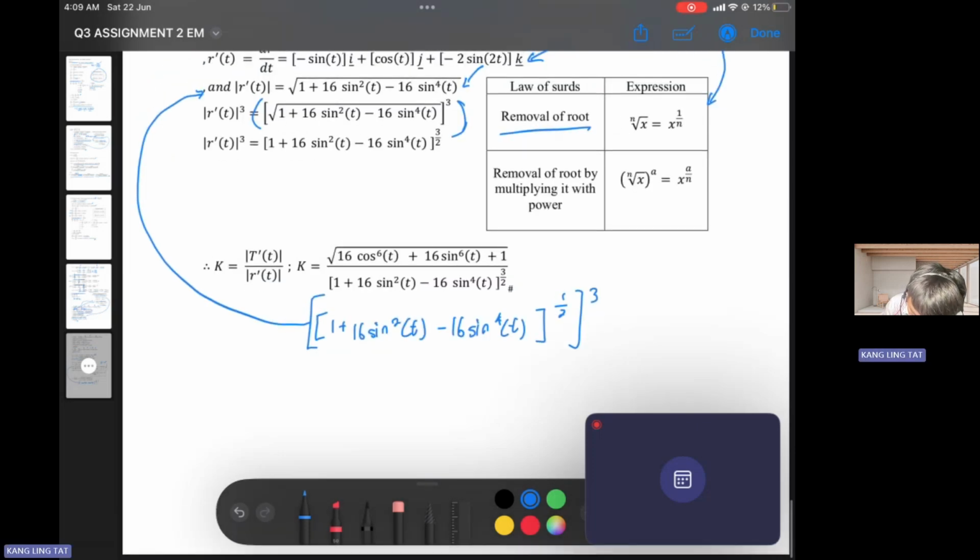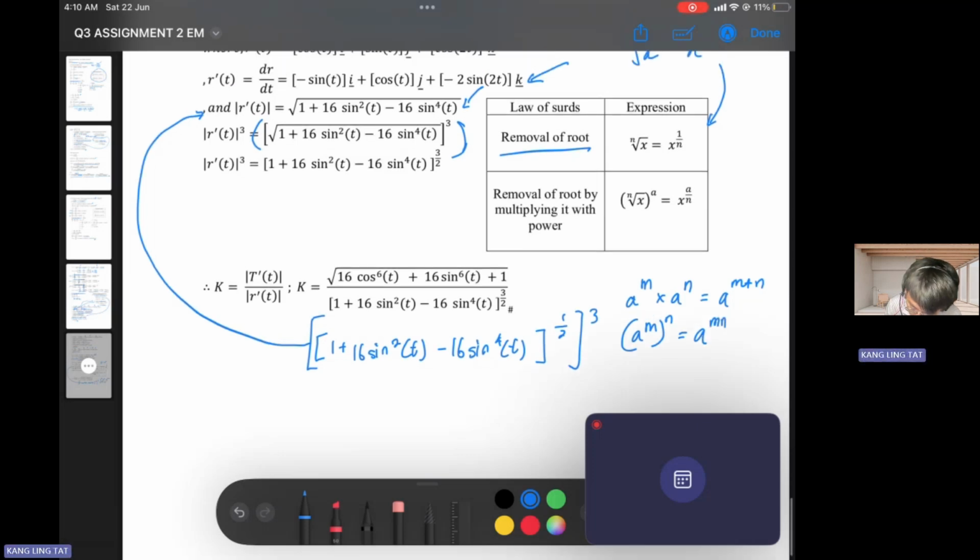we know that, for example, a^m times a^n is equivalent to a^(m+n), whereas (a^m)^n is a^(mn). There you go.